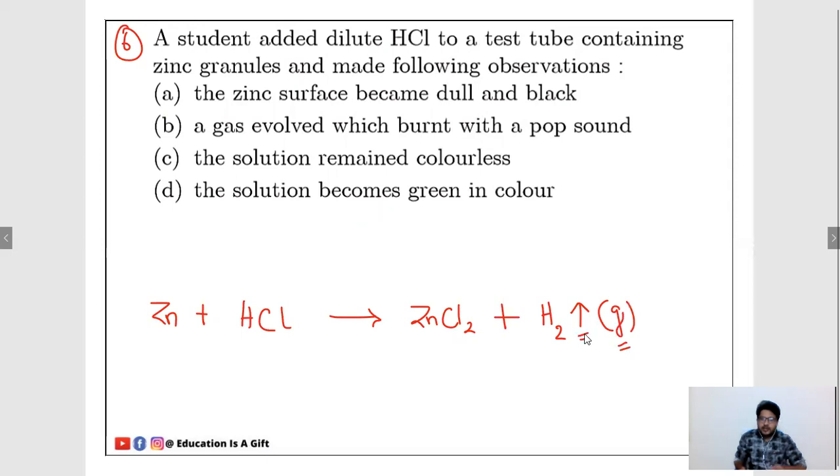Of course, this arrow mark pointing upward is also gas. Now to balance this, in ZnCl2 we have 2 chlorines, so we place 2 before HCl, such that 2 hydrogens and 2 hydrogens, the equation got balanced.